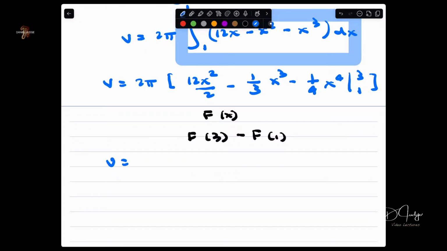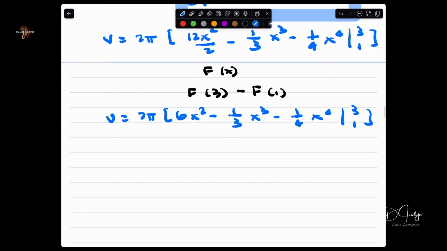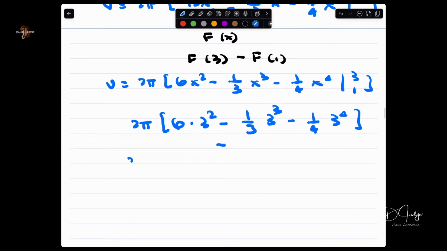Okay, so let me simplify here. That's 6x squared minus 1/3 x cubed minus 1/4 x to the fourth from 1 to 3. So we're just going to evaluate the limits.